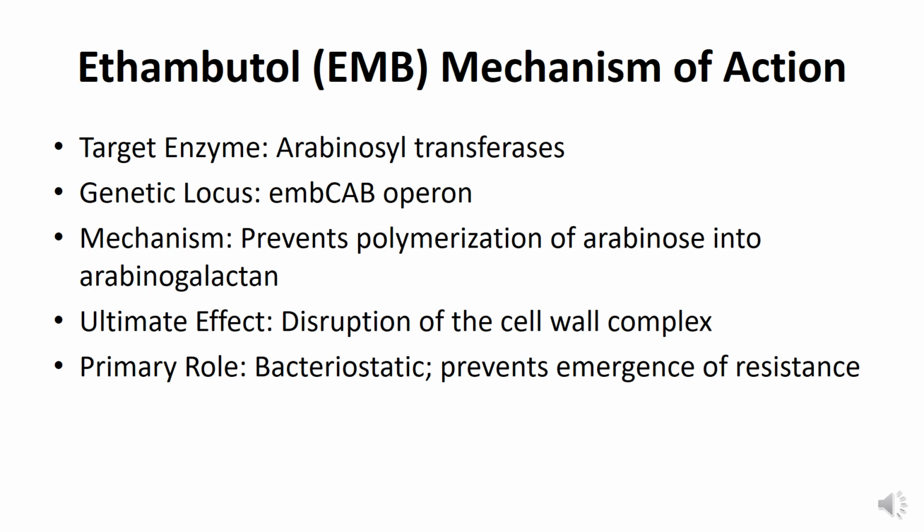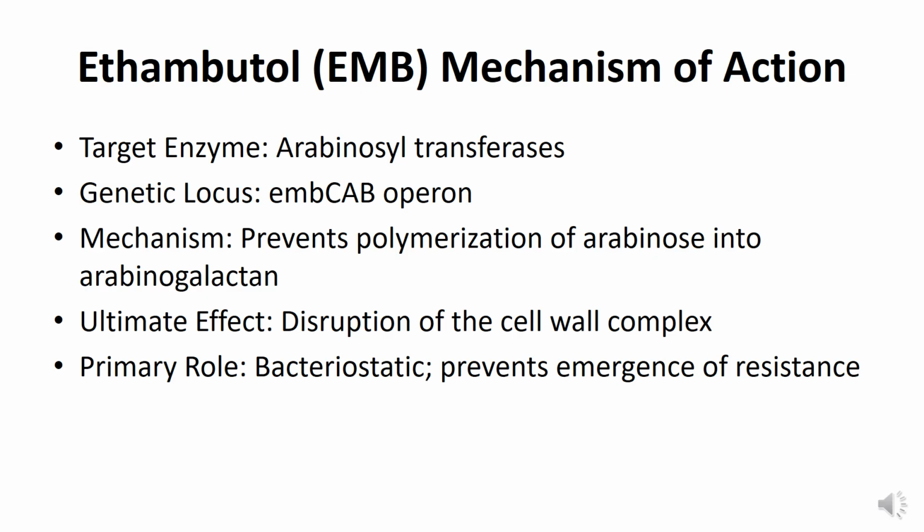When ethambutol inhibits arabinosyl transferases, the bacterium can no longer efficiently polymerize arabinose into arabinogalactan. In simple terms, it disrupts a critical construction process. Imagine trying to build a bridge without enough support beams. The structure may begin to form, but it will be weak and unstable.